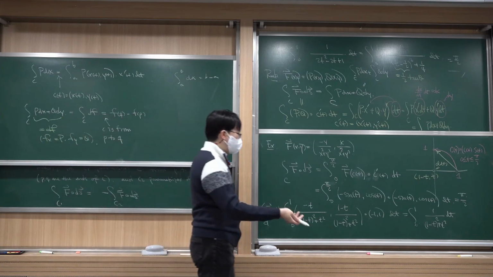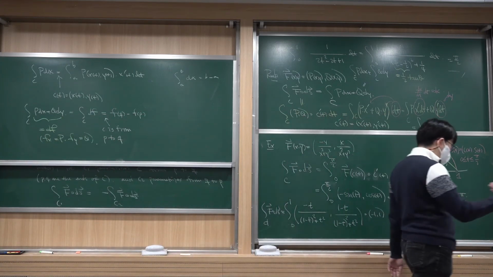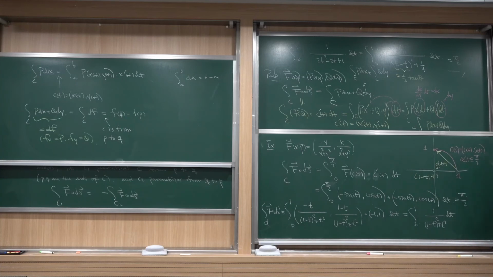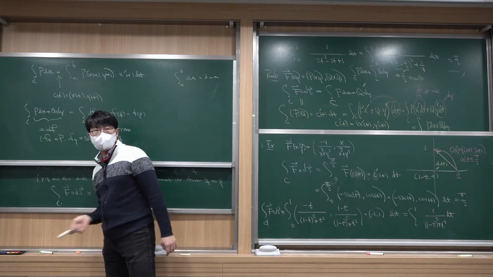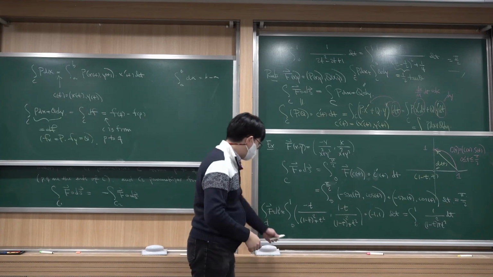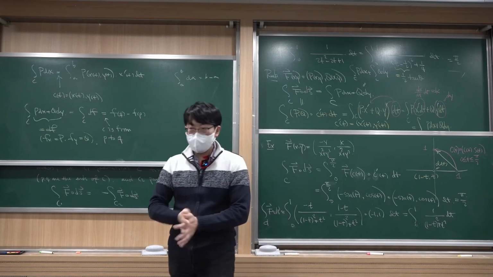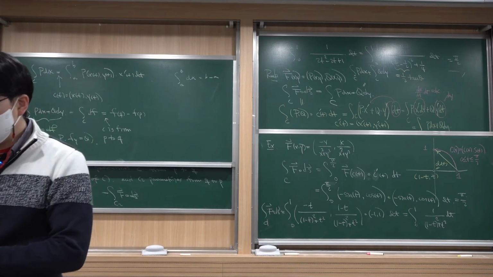We say that kind of vector field admits a potential function. That function f is called the potential function for the vector field (P, Q). So that's going to be the topic for next class.